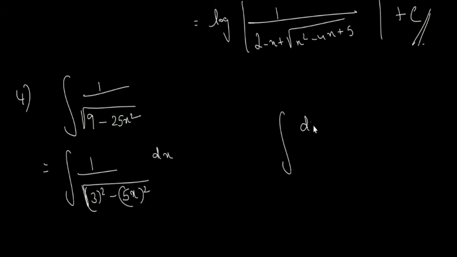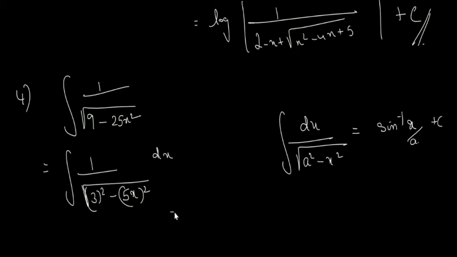Integral dx by root of a square minus x square is sine inverse x by a. So there is no 1 by a here. So we can use the formula straight away.